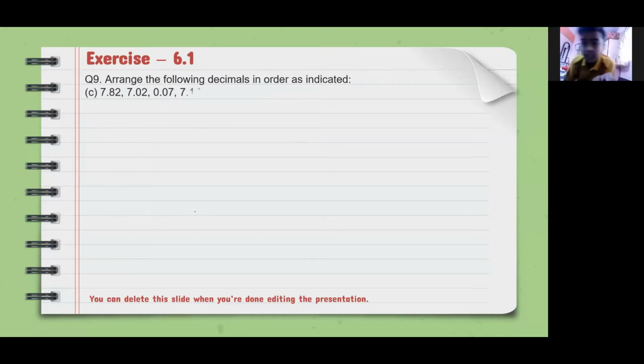Sir, the question is 7.8. First we have to write in descending, meaning decreasing, order. The numbers are 7.82, 7.02, 0.07, 7.17, 7.007.